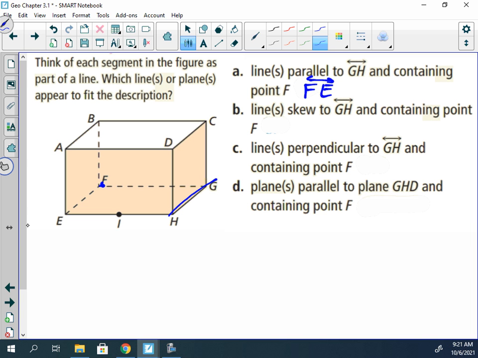FE would be a line that is contained within the plane and is parallel to our given line. Because there's no other line that would be parallel to it because the others do intersect. Well, I can just leave that there because it looks like we're going to be completely revolving around line GH.